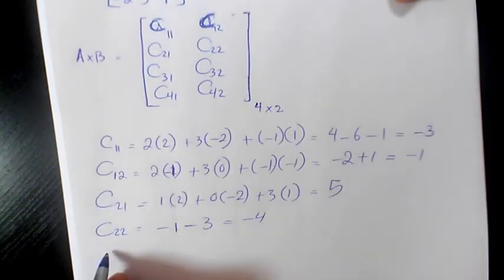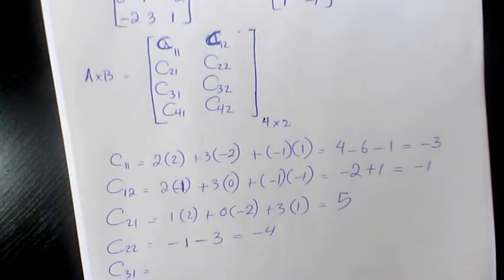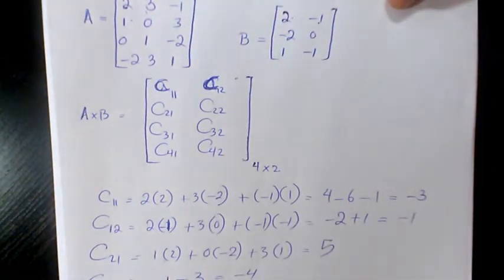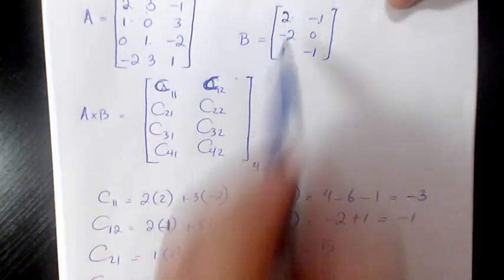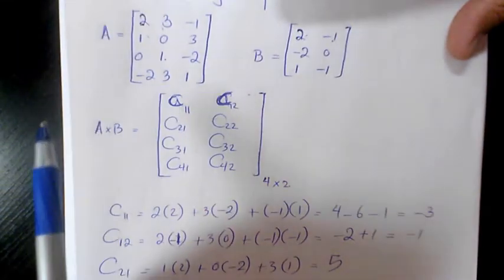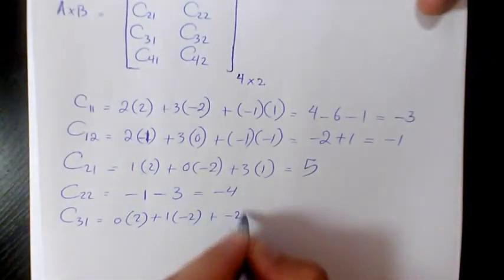Next one, C31. C31 is 0 times 2 plus 1 times -2 plus -2 times 1.